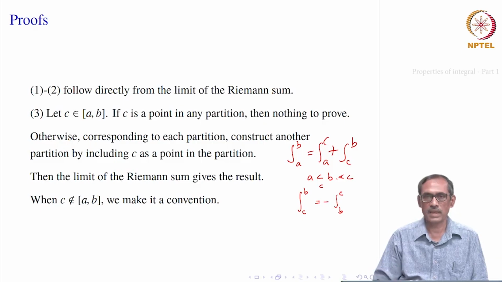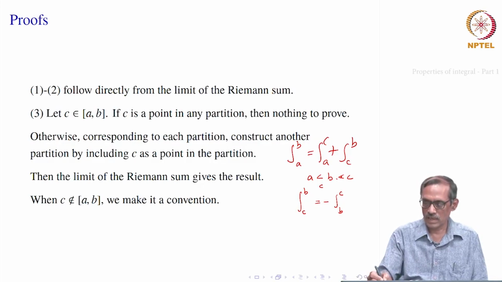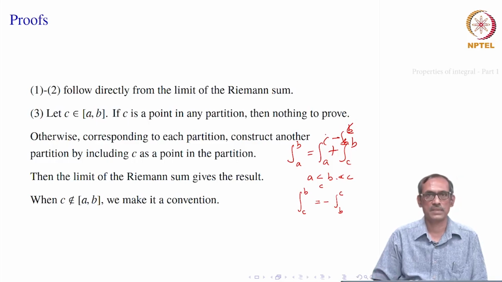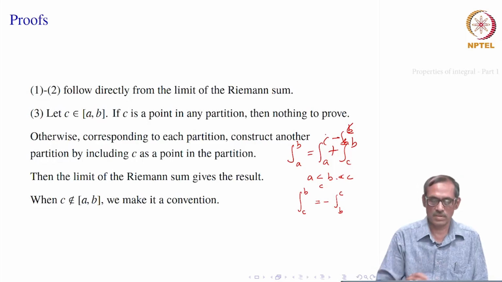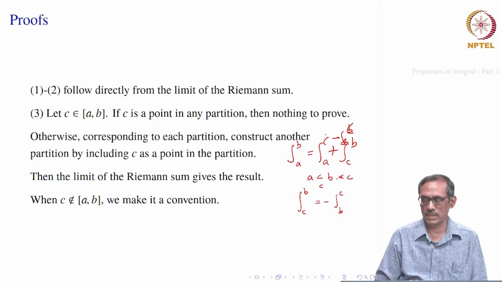We put this as a convention, because that is not covered in the definition. So, the integral from a to c minus the integral from c to b; if you transfer it to the other side, it becomes the integral from a to b plus the integral from b to c equal to the integral from a to c, which is what we have shown in property 3.